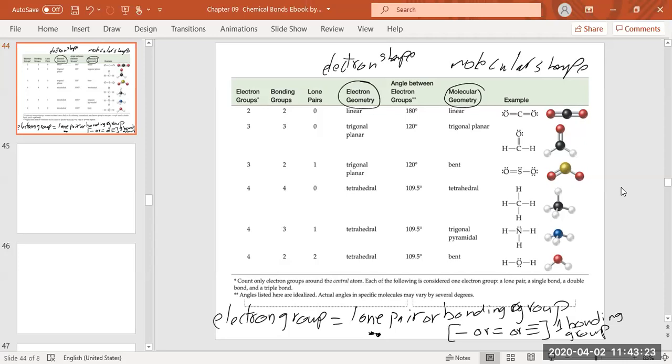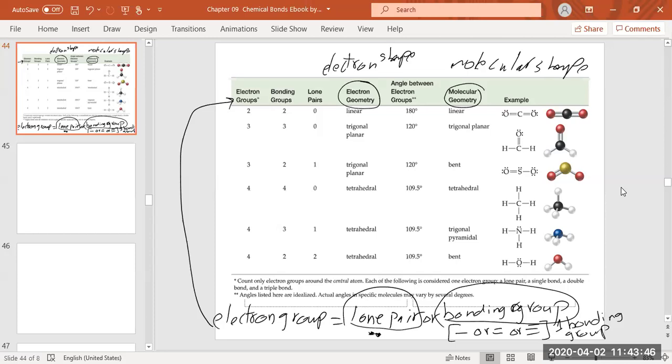Don't tell me if you have a double bond, this is two bonding groups. No, I'm not talking about bonds, I'm talking about bonding groups. Of course we will look at the central atom and see how many lone pairs and how many bonding groups. That will represent the electron groups.